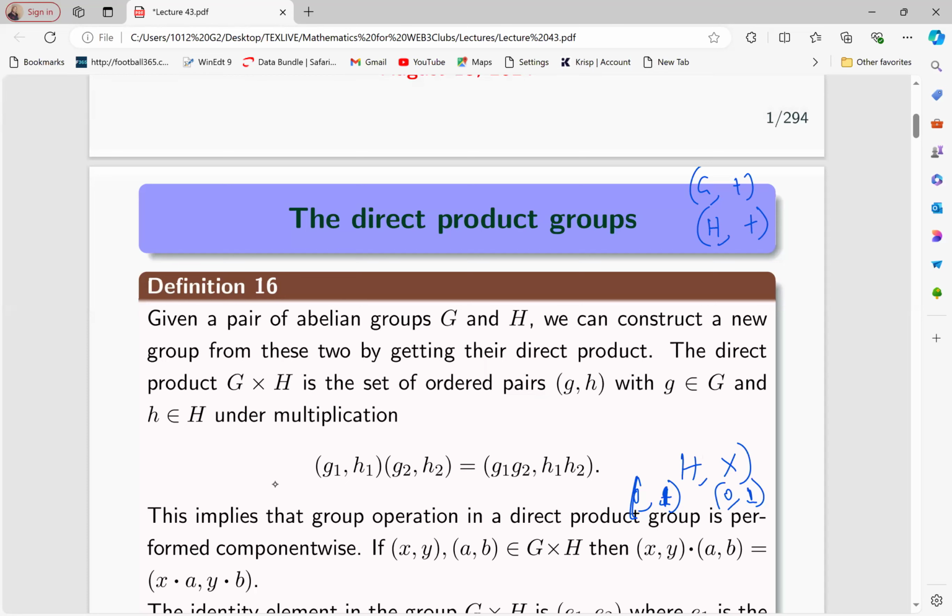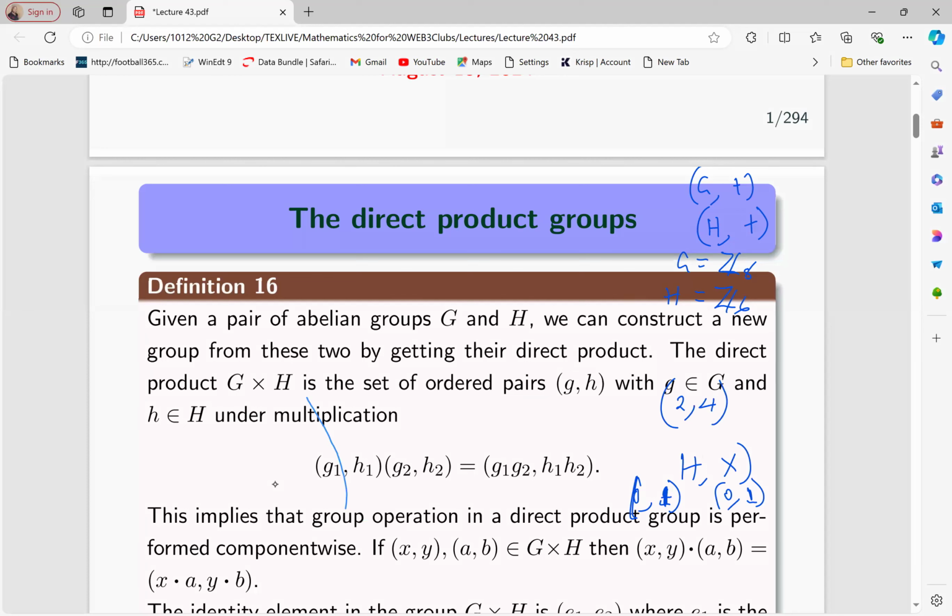Supposing G is our group Z8, which is an additive group, just as an example, and H is an additive group, let me call it Z6. Supposing we have an element (2, 4), which is an element in the direct product group.